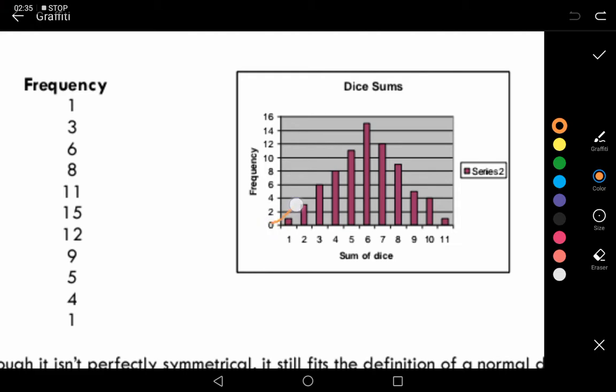So this is that bell curve, where it's supposed to look like a bell. A bell has that shape, where the little bell thing is in the middle. That's where that name comes from.